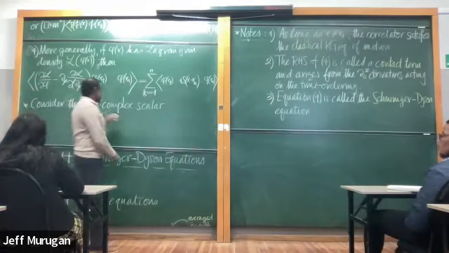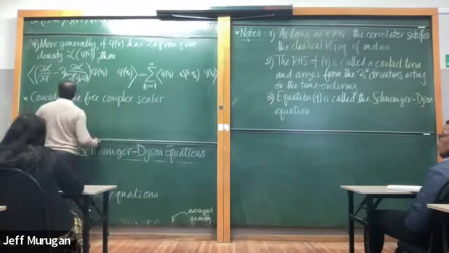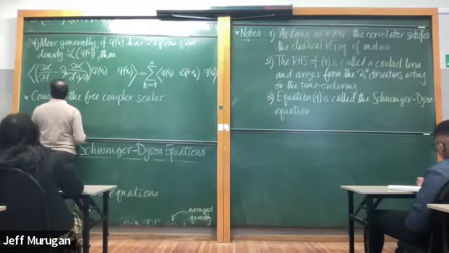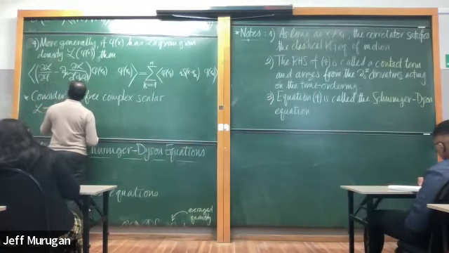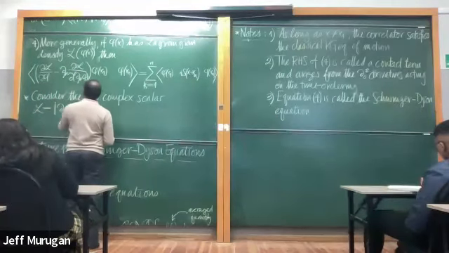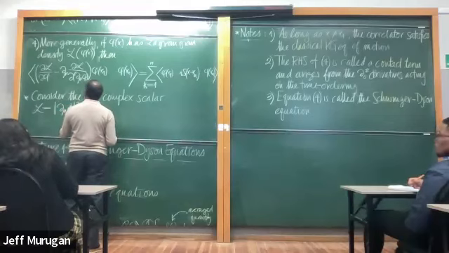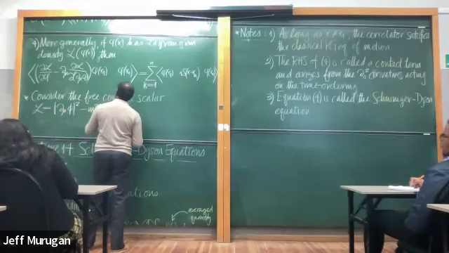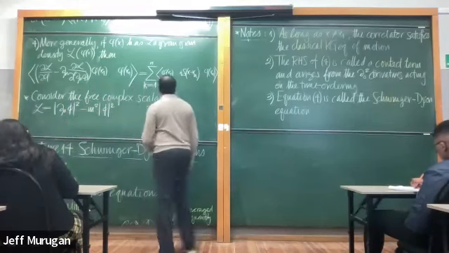Okay. So consider the free complex scalar, whose Lagrangian density is mod d mu phi squared, where I mean d mu phi star d mu phi, minus m squared mod phi squared.